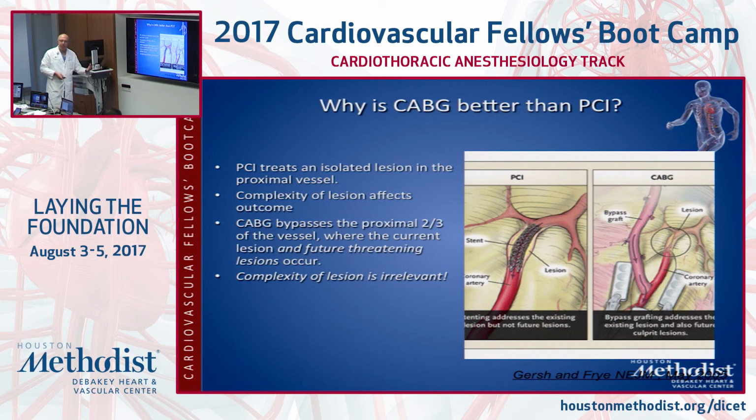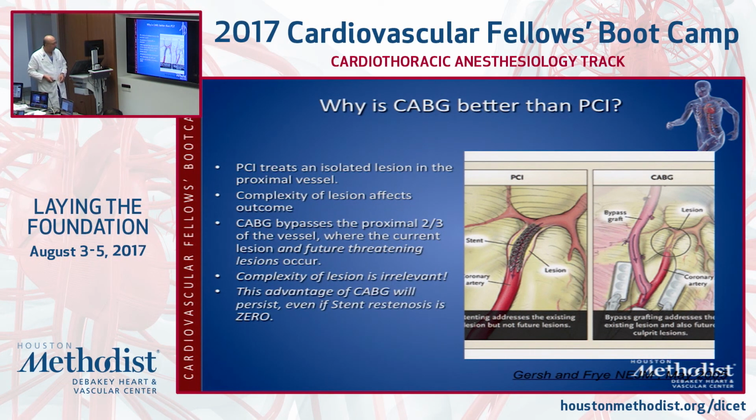So the complexity of the disease is irrelevant, and this advantage of CABG will persist even if stent restenosis is 0. In other words, if you created the perfect stent where you placed it in a lesion and the restenosis was 0, it still wouldn't address all the other disease that the patient has.